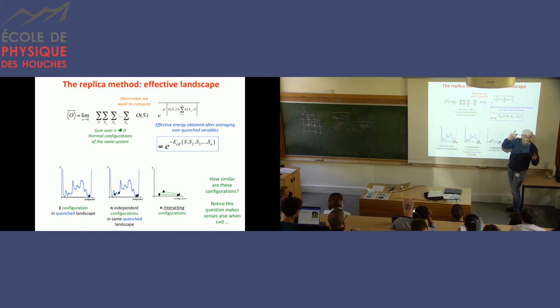And that is an effective energy, which is making all the replicas, the copies of my system, interact together, which was not the case here. Here, they don't interact. They're just independent. But once I have averaged, they do interact.